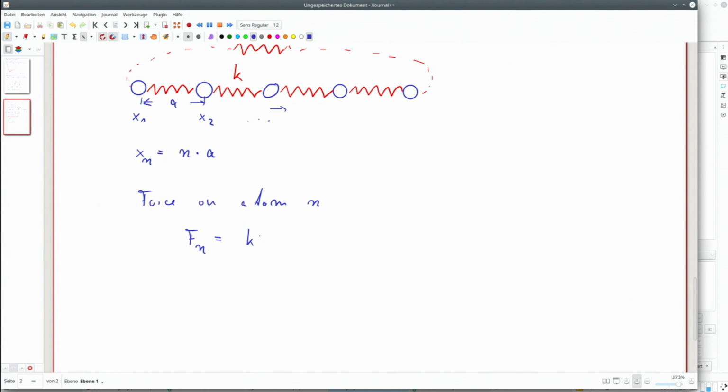We assume that only next neighbors feel this displacement. One could do it also for infinite distance, but this just makes it more complicated without giving any more insight.